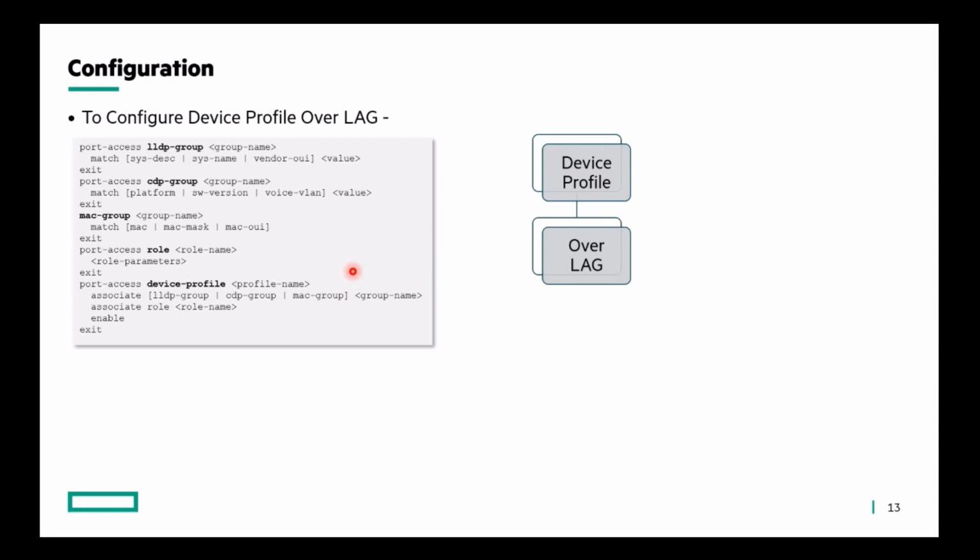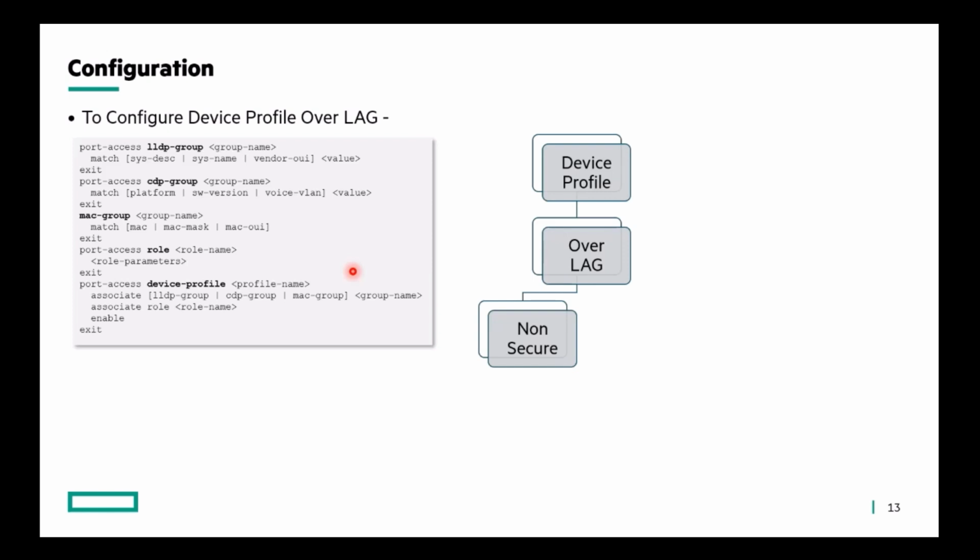Next comes the enhancement over the LAG. This can be done in a non-secure mode, meaning I want to enable device profile globally and let it be applied to all the switch ports in the switch, and there is no security on that. If there is a match, let it be onboarded. If there is no match, whatever the port level attribute is, let it be retained.